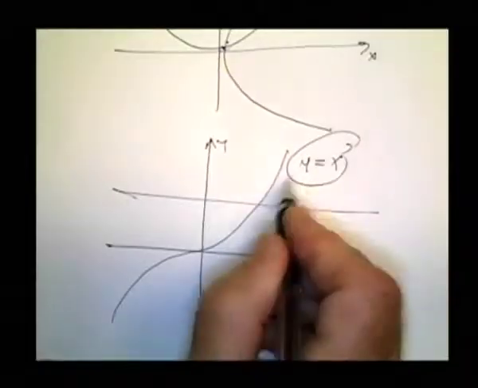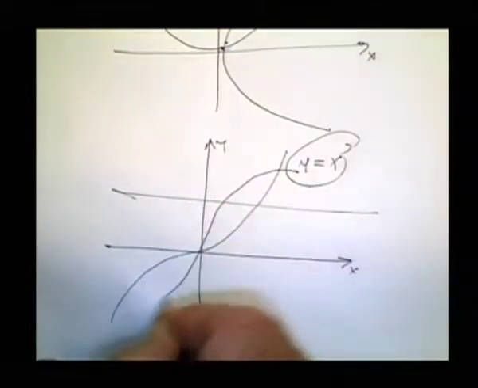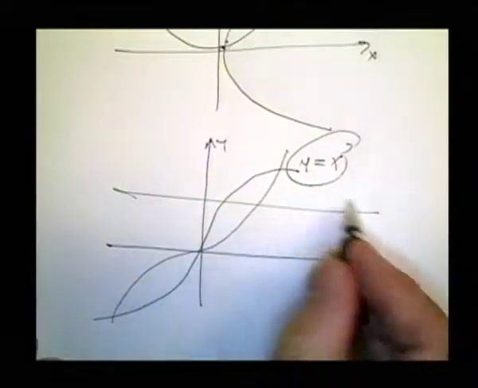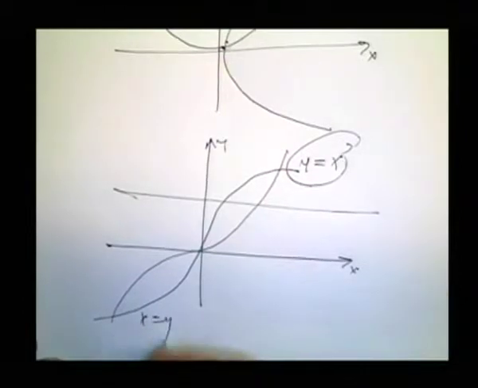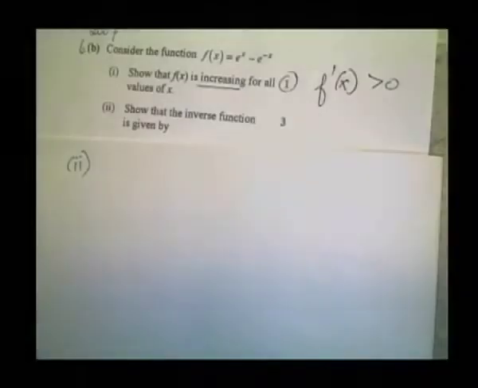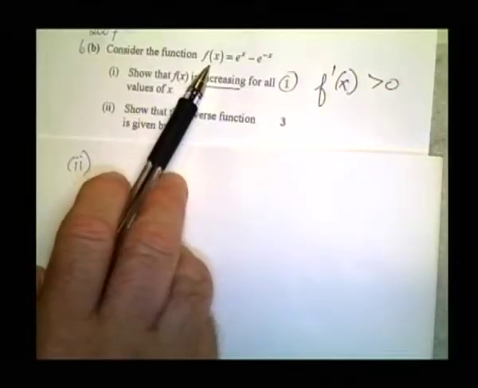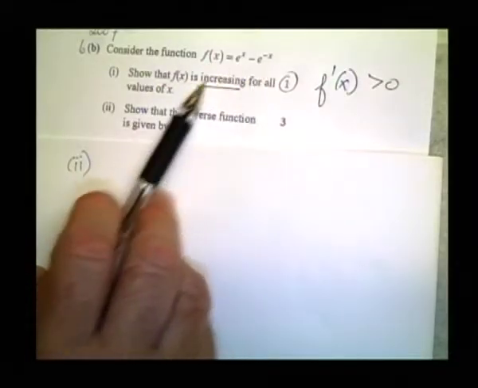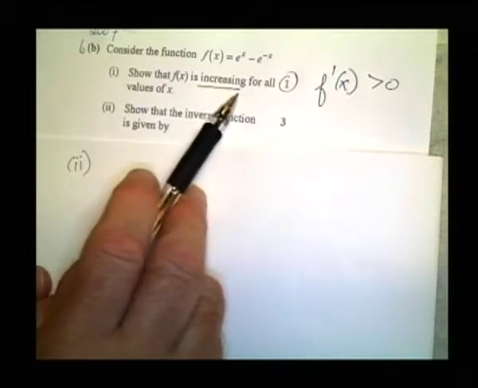So the inverse of y equals x cubed is x equals y cubed. That is a function. Now part two of this question is interesting. We had originally up here f(x) equals e to the x minus e to the minus x. We've shown that's an increasing function.